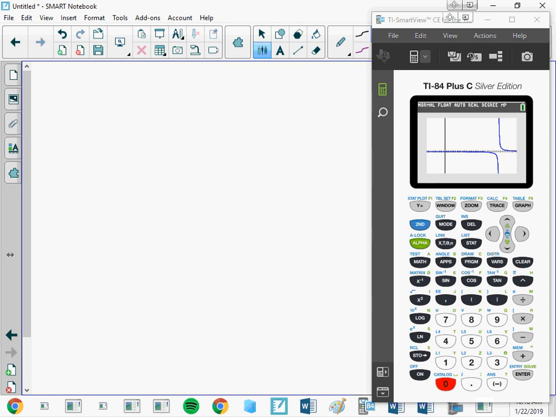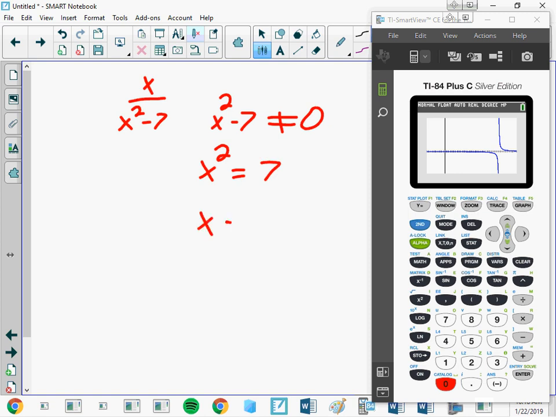So if I have x over x squared minus 7, I know that x squared minus 7 is not allowed to be 0. So I add 7, x squared equals 7, take the square root, and I get x equals plus or minus the square root of 7. So the domain would be all real numbers, but x is not allowed to be plus or minus root 7.